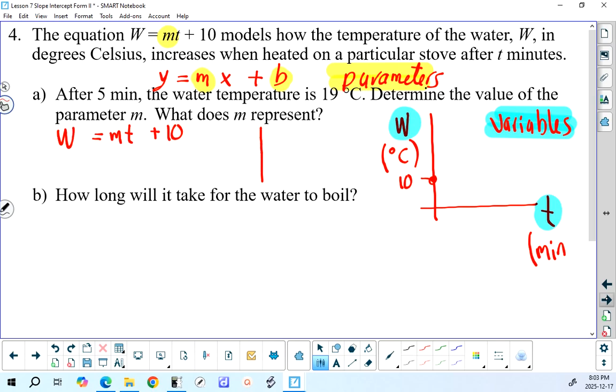The key here is we know an ordered pair. We know that after 5 minutes, the temperature of the water is 19. So I can put 5 in for t into that equation and 19 in for W, and I will be able to find that missing parameter. 19 equals m times 5 plus 10, and we solve that equation.